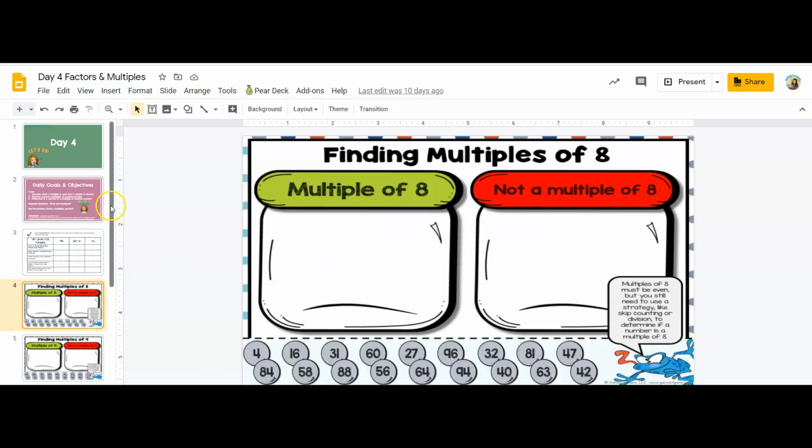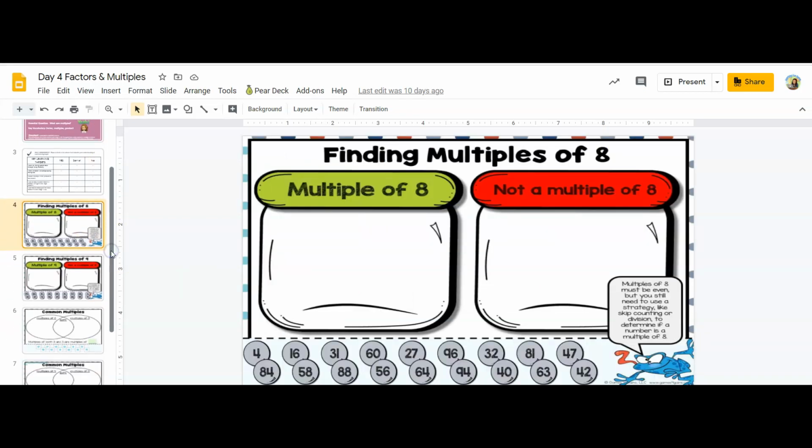Let's take a look at slide number 4, finding multiples of 8. So we are going to do similar to what we did on Tuesday. Which of these numbers down here are multiples of 8? Remember, a multiple is the answer. It's the product.